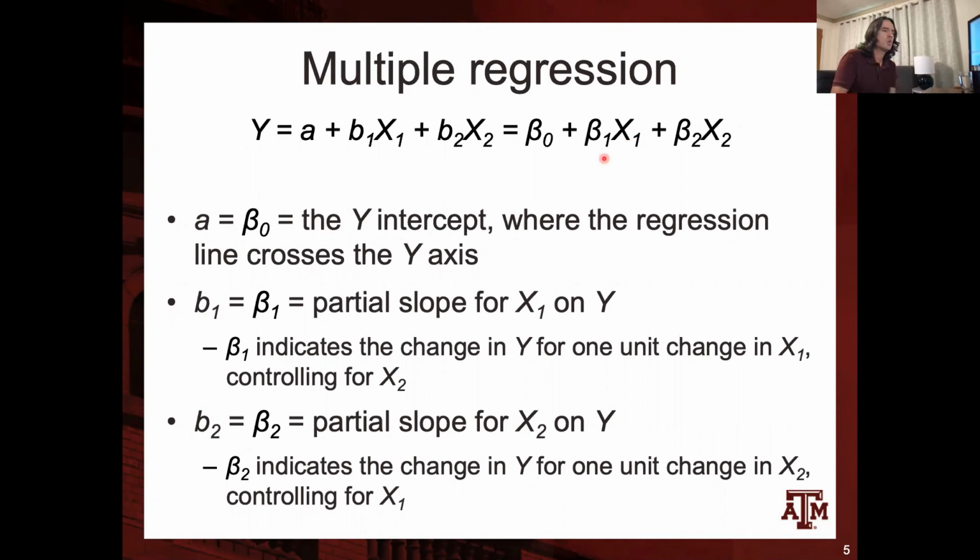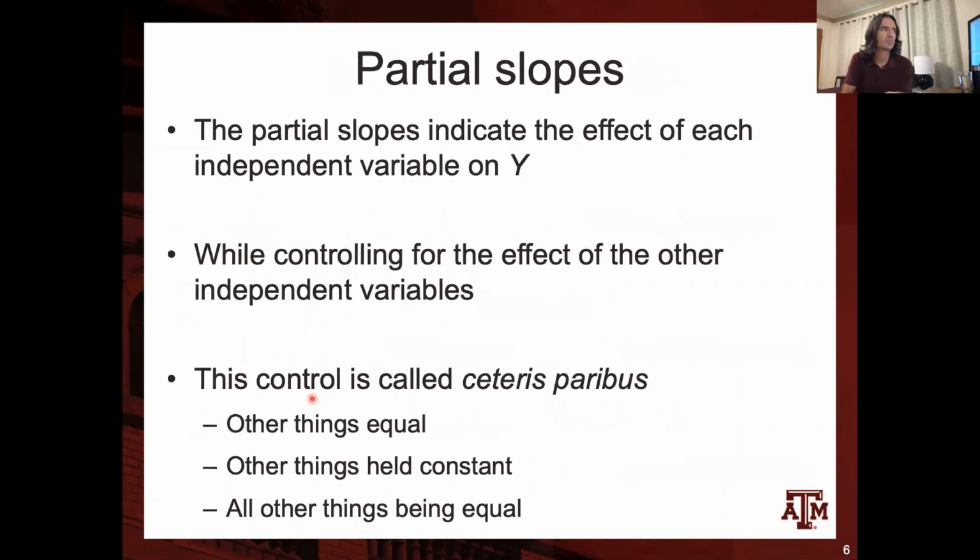Okay? So this term here, controlling. The partial slopes indicate the effect of each independent variable on y, while controlling for the effect of the other independent variables. This control is called, in regression analysis, ceteris paribus, this Latin term, which means other things equal, other things held constant, all other things being equal.